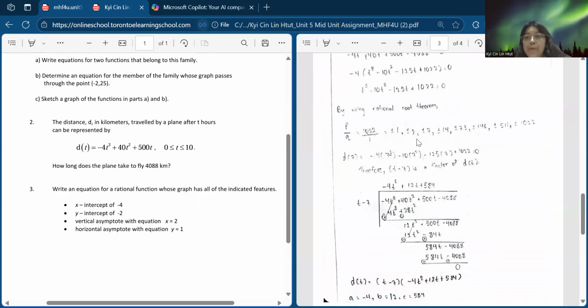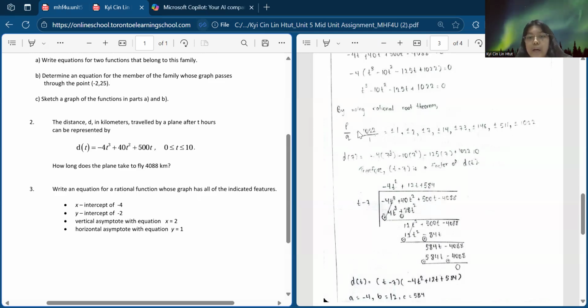Now we want to know the factors. In order to find the factors, I use the rational root theorem, which is the factor of the constant term over the factor of the leading coefficient. The constant term is 1022, and the leading coefficient is 1.